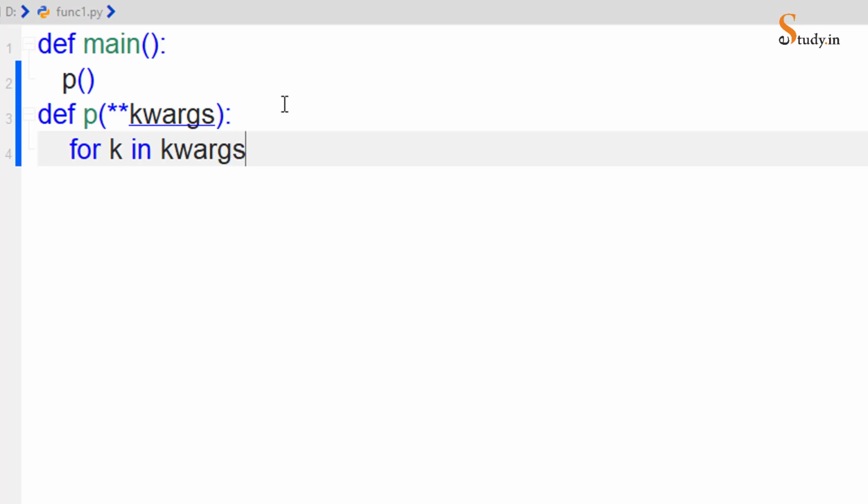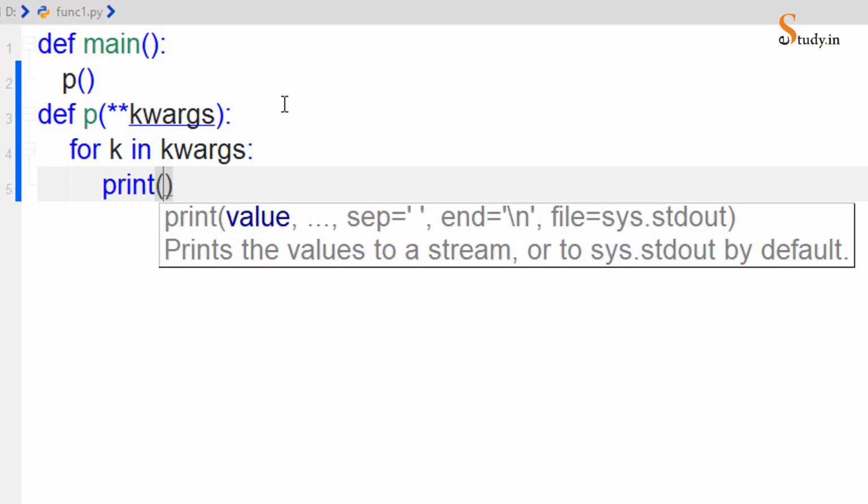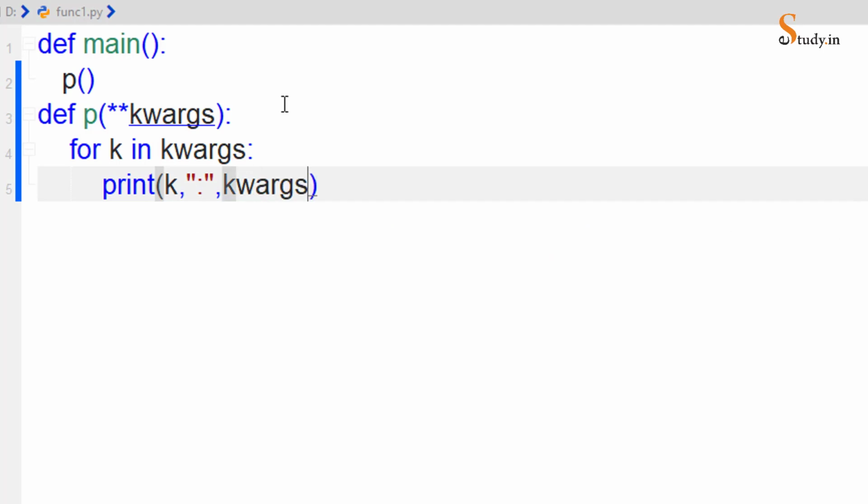Here we will say print, and we will print k comma, colon, comma, and we will print keyword args, and we will print k within the square brackets.